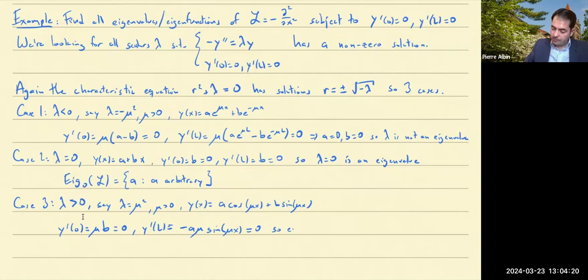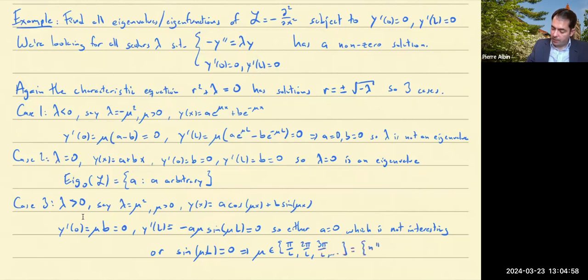So either a is equal to 0, which is not interesting, or sine of mu L is equal to 0, which, since mu is positive, implies that mu is pi over L, or 2 pi over L, or 3 pi over L, and so on. So n pi over L, where n is 1, 2, and so on.